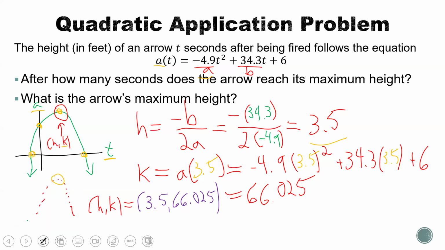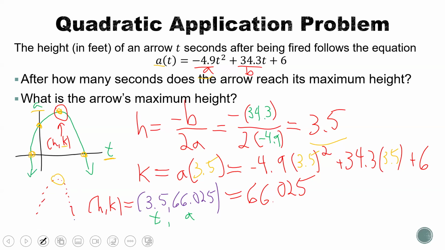So we know that in our coordinate point here, 3.5 stands for a t value, or a time value. 66.025 stands for an a value, or an altitude, which tells us that the time at which the arrow reaches its max height is going to be the 3.5, and the max height itself will be the second value, 66.025.